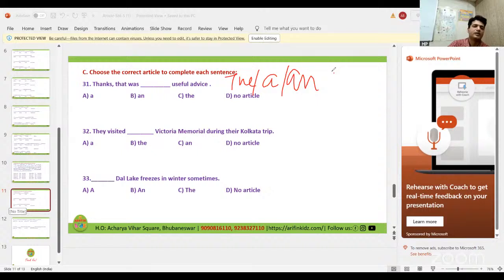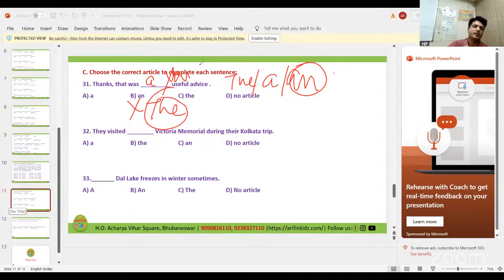Thanks, that was a useful advice. We are not specifying which, we are not defining it with anything particular. So the is actually wrong. Now, and pronunciation is actually you, useful advice.